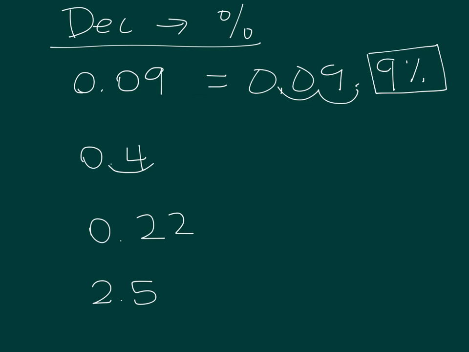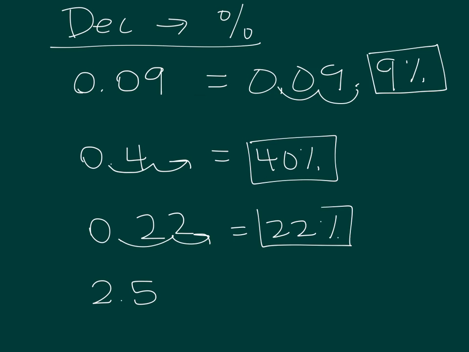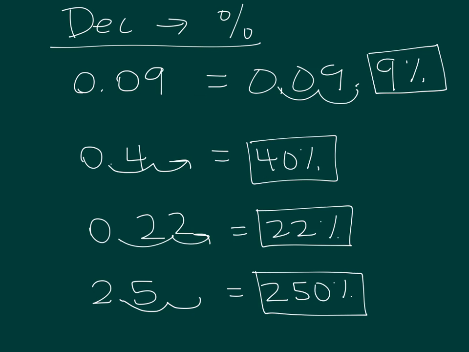Here, I move my decimal twice to the right, and this is 40%. Decimal twice to the right, 22%. What about if it was a big number like 2.5? Twice to the right, 250%. Oh, but it's such a big number, it's okay.